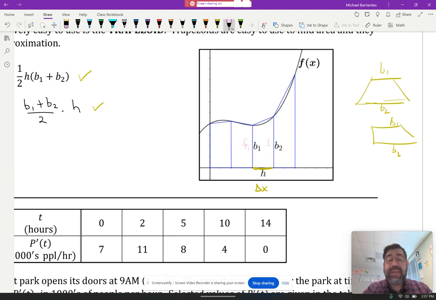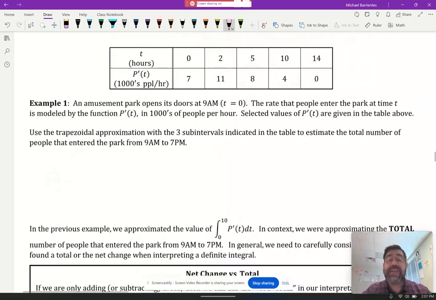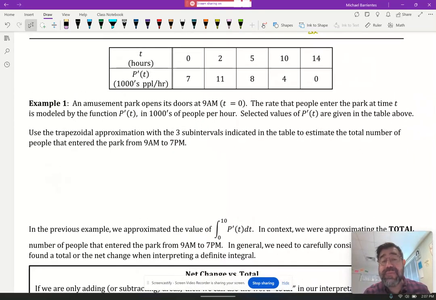F1 and F2, or f of x1 and f of x2. And so we're looking for the heights as the bases, and then the bottom delta x or width would be the height. And I say that because as we look at the first example here, we're not given a graph, we're given a bunch of information in a table, but we can certainly interpret that thinking about what axis is which.